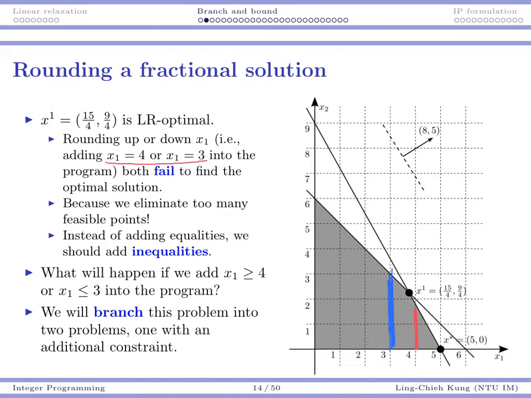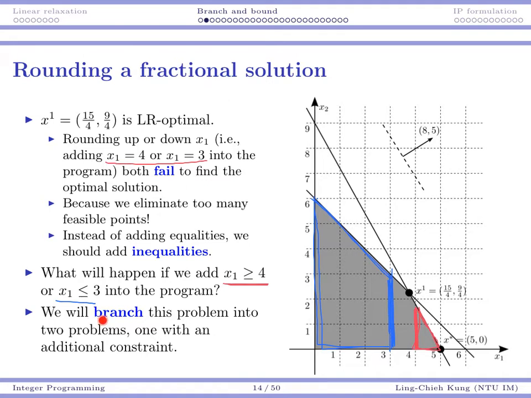In that case, I'm going to consider this region, and when I do that, I'm going to consider another region here. That means I split my original feasible region into two sets, and then I want to solve these two sets one by one, and then compare the outcome.